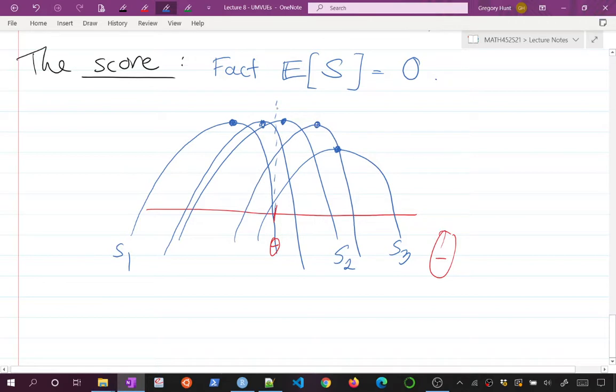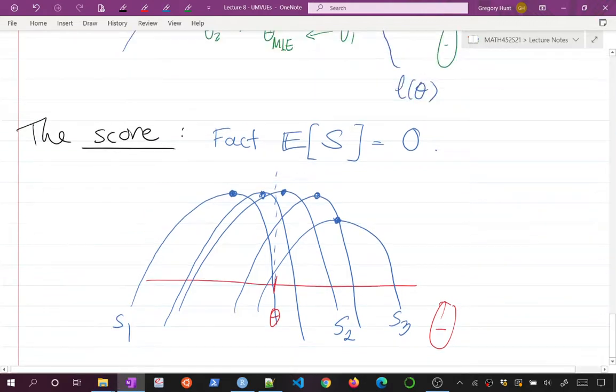But on average, if we look at this theta value, we're going to find that this gives us the MLE. So the idea is that if we look at the sample scores for different realizations of our data, on average at the true parameter, they're going to have their maximum at that true parameter, which is to say that on average you're going to get the MLE to align with the truth.